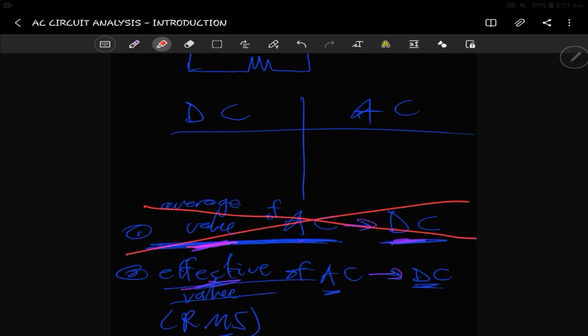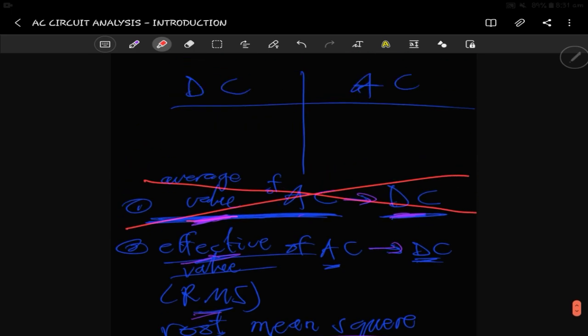The effective value of the AC, or the root mean square value of the AC, also gives us a DC.